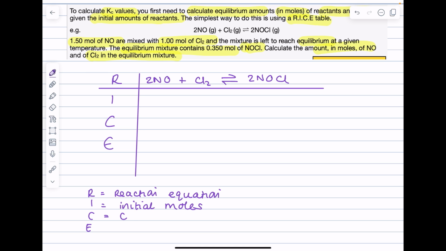C stands for your change in moles. And E stands for your number of moles at equilibrium, so your equilibrium moles. And now all you have to do is start working your way through the wording of the question to fill in the table. So we know we start with 1.5 moles of NO.